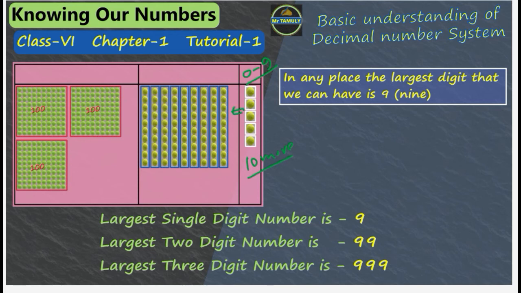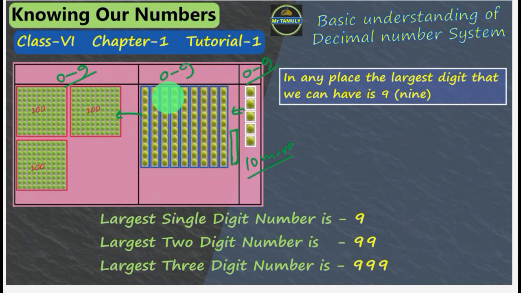The same is true for the tens place also. Here you can have any digit from 0 to 9, but the moment you have a set of 10 blue boxes here, that will make a set of 100 and move to the third place. Same is true for the hundreds place also. Here you can have any digit from 0 to 9.